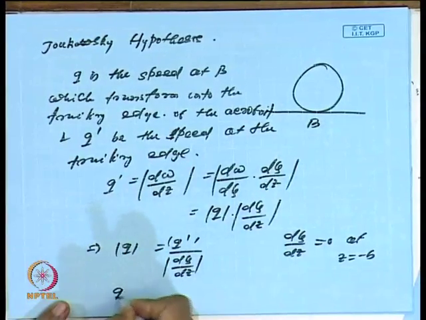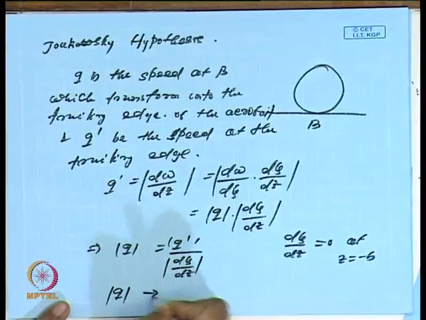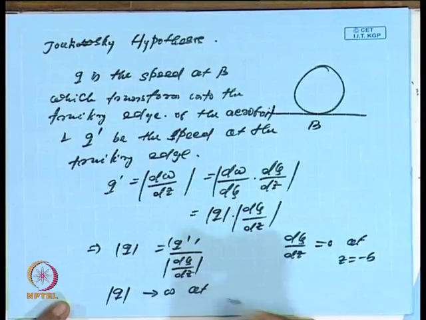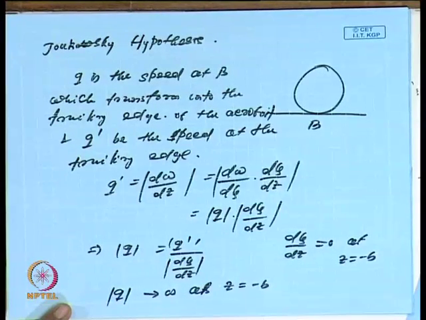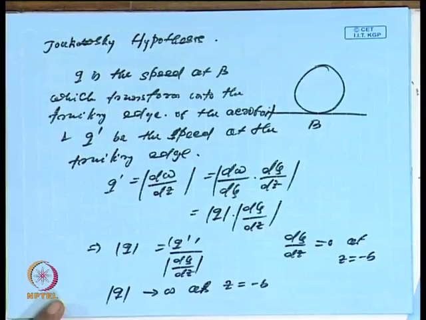So that means q will tend to infinity as z tends to minus b, because d zeta by dz is 0 for z is minus b.